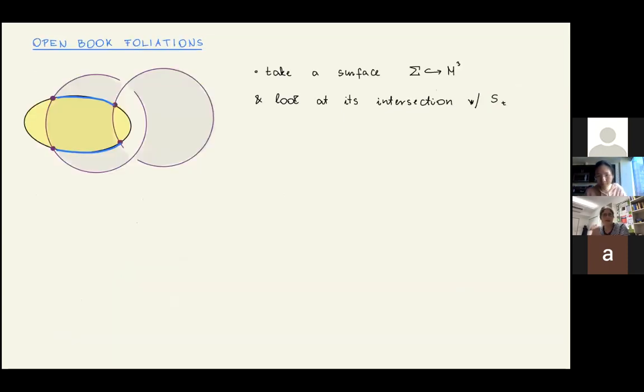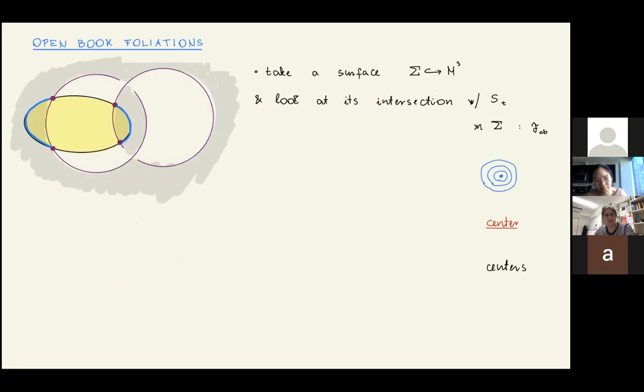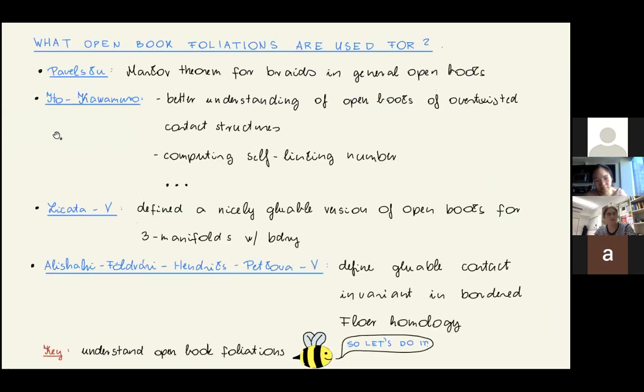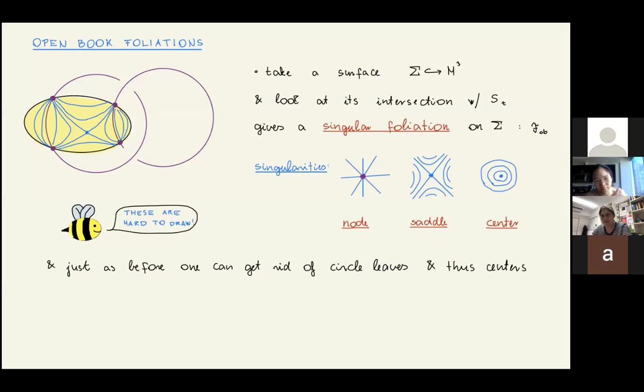Okay, and once we have open books, we can take a surface. This one is supposed to be a sphere, not a disk. It's a sphere, it's fat, and I'm trying to draw the intersection of it with the pages of the open book. This is easy, this is one I can draw, and there's another one I can draw, and the rest I'm just guessing. You have to understand that at some point it has to be tangent, and then you're getting this picture.